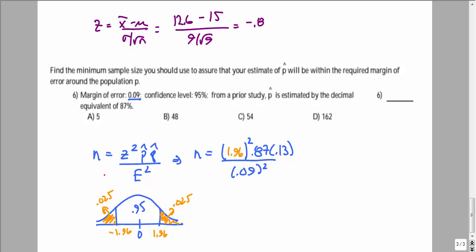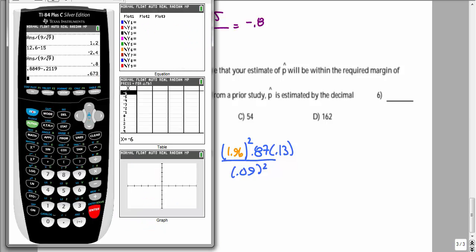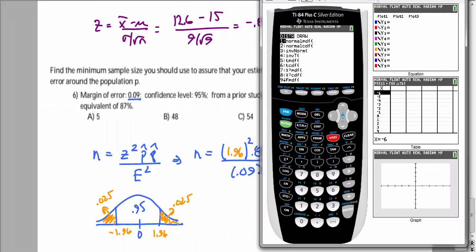Now, if we're going to use our calculators to find this, we would use the second DISTR. And again, we're going to go after this curve sketch that we have right over here. So we go after normal CDF because we're trying to find a standardized score.